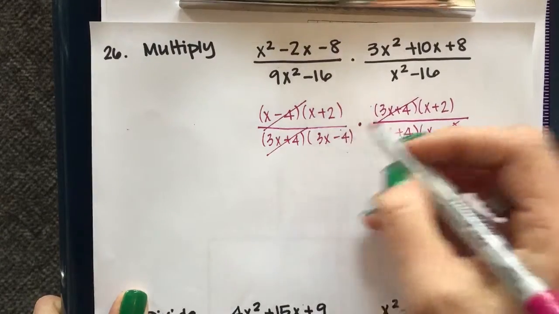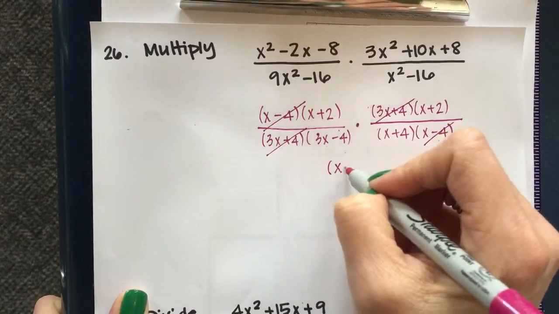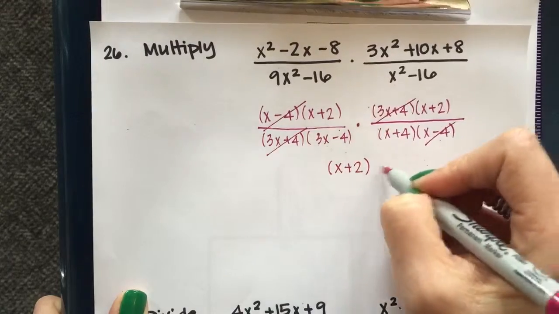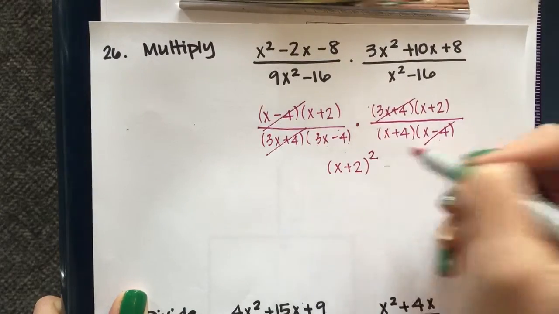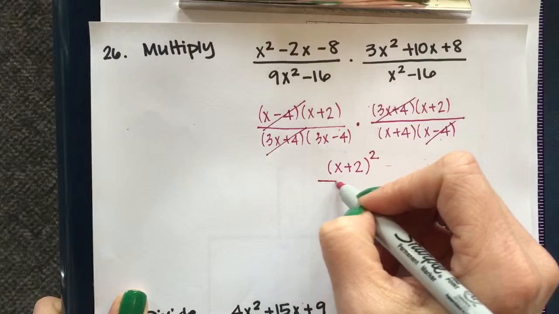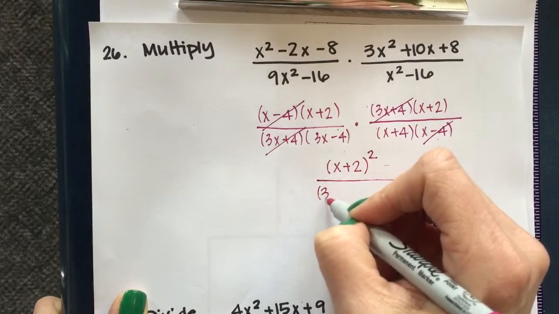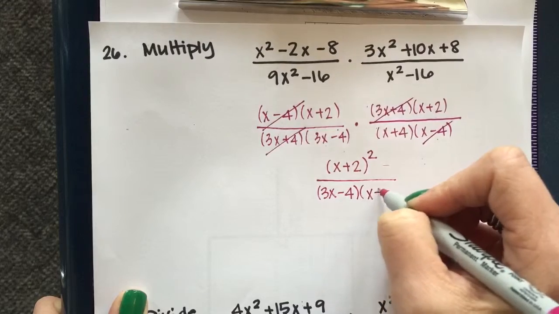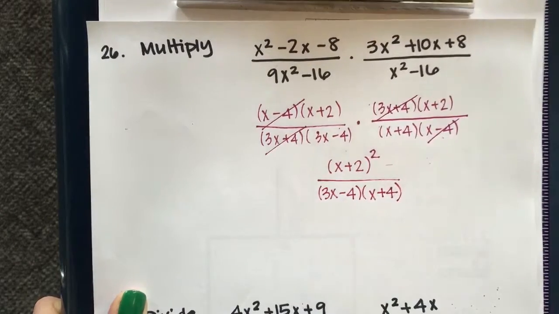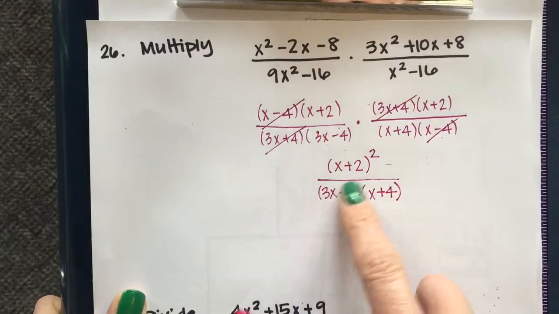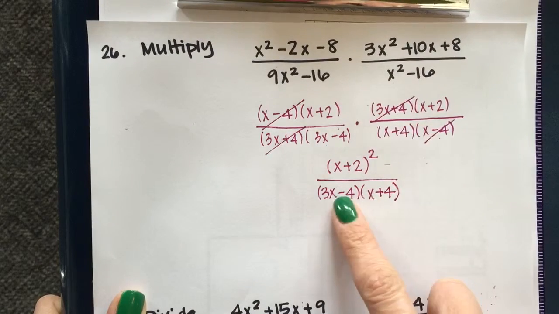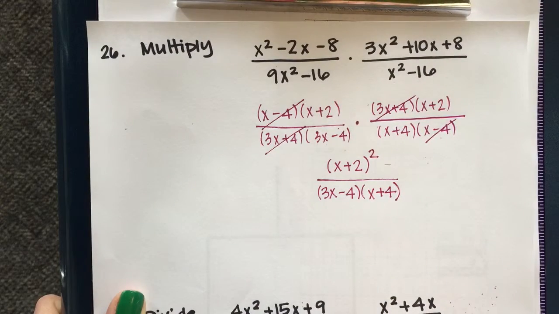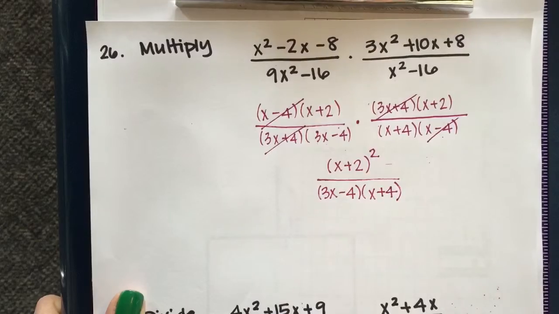So you can write this out as x plus 2 times x plus 2, or x plus 2 squared, over, on the bottom you have a 3x minus 4 and an x plus 4 left. Sometimes the books will distribute this out, sometimes they'll just leave it like that, and I think this book left that answer like that.